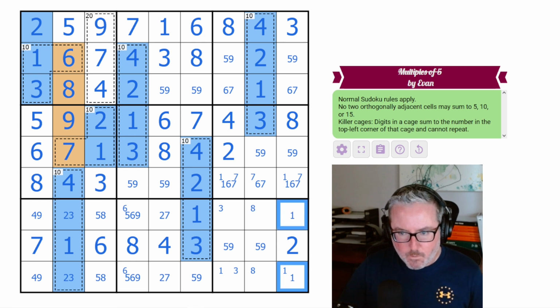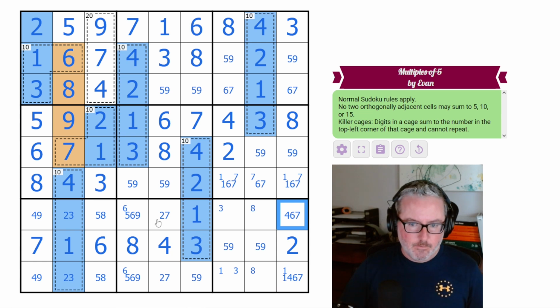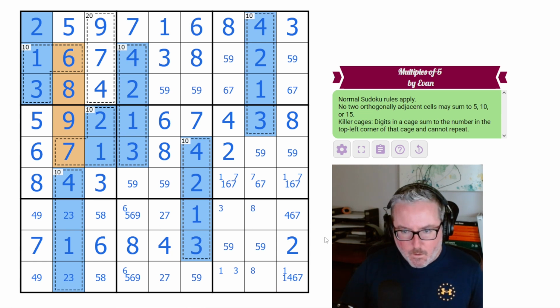These have to be from 1, 6, 7, and 4. This can't be a 1. Do we have anything cutting across that's going to give us any information? We know one of these is a 4.